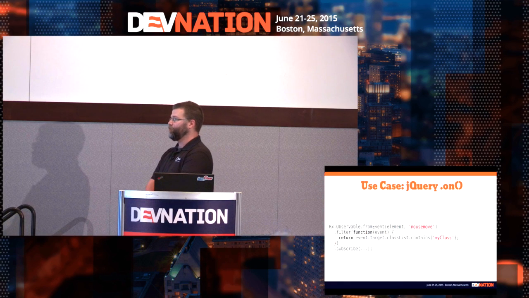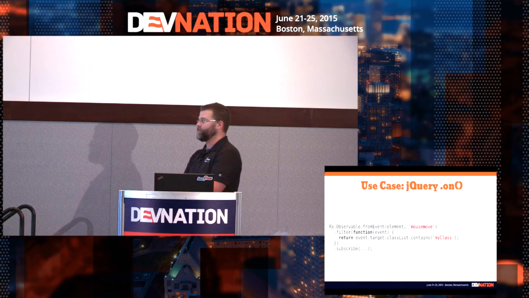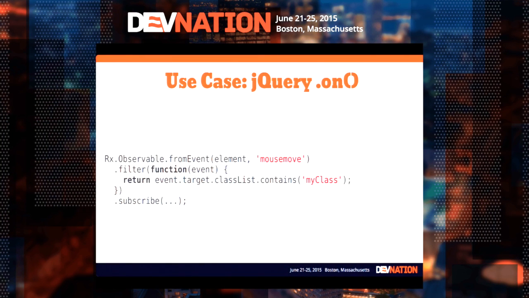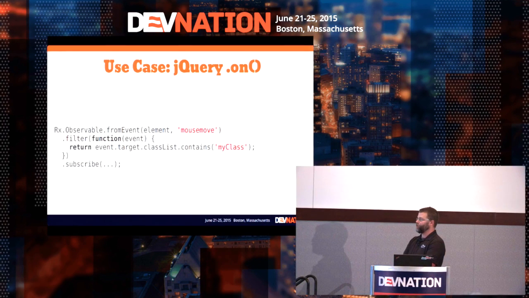So here we're going to filter on all the mousemove events. We're going to check if the class of the particular event target element contains the particular class we're looking for, and we're going to return true. So the result from that filter is going to be an observable that is derived from the mousemove observable containing only the events that we are interested in.